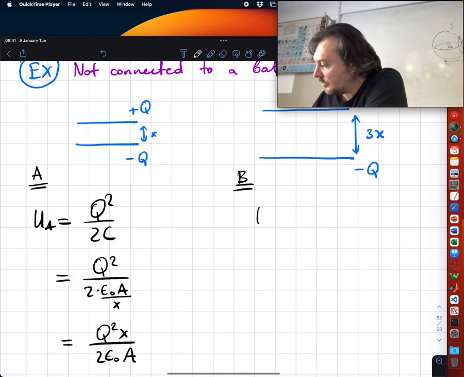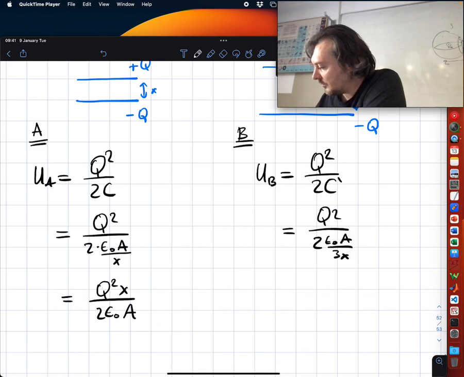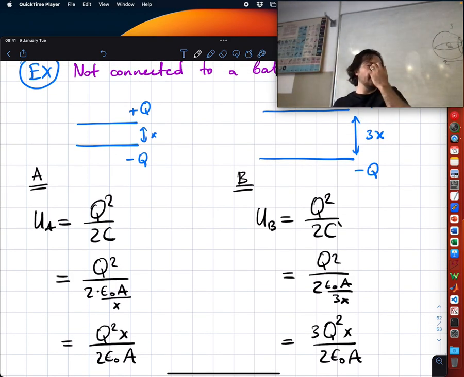How about UB? Q squared over 2C prime, I can call it prime, which is Q squared over 2 epsilon 0 A over 3X, which is 3Q squared X over 2 epsilon 0 A. So it seems like the potential energy has increased.